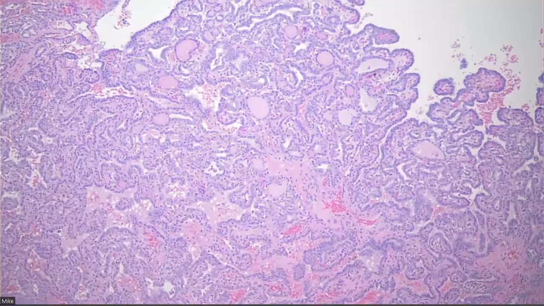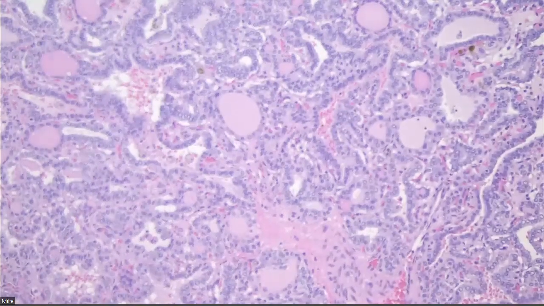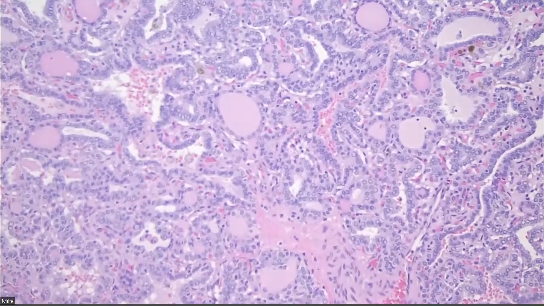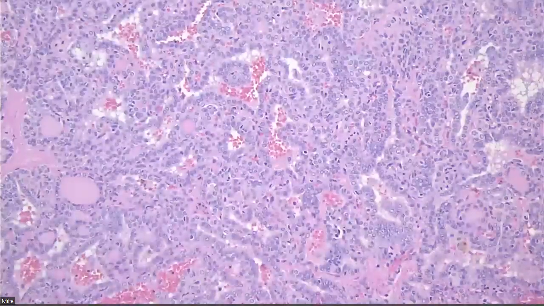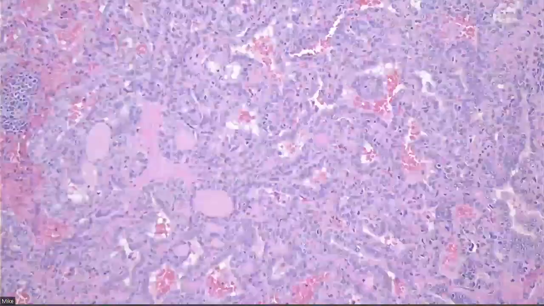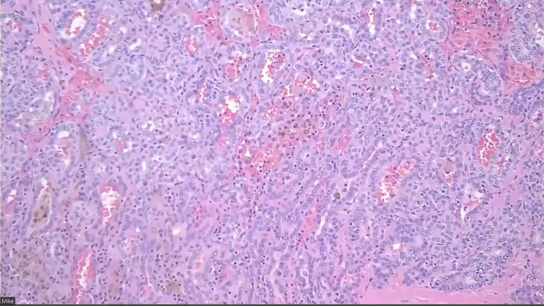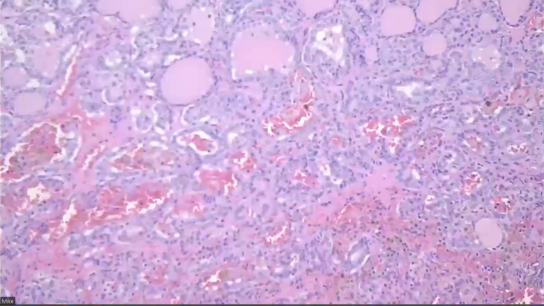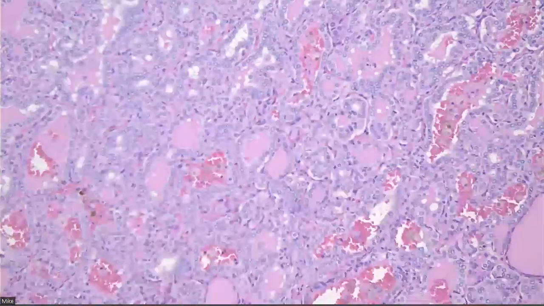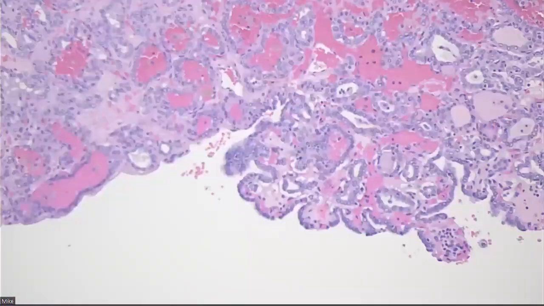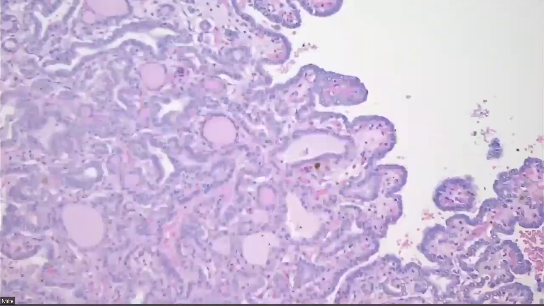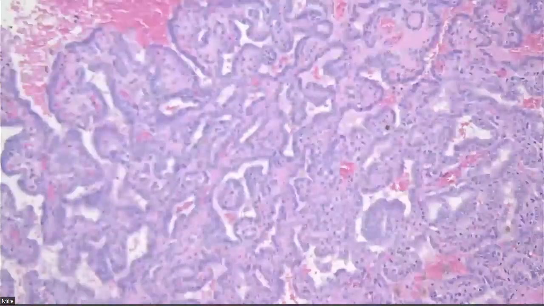Are they not true papillae? How about the nuclei? Pretty round. Most of them are pretty round, and you've got these weird papillary-like projections into this large space.